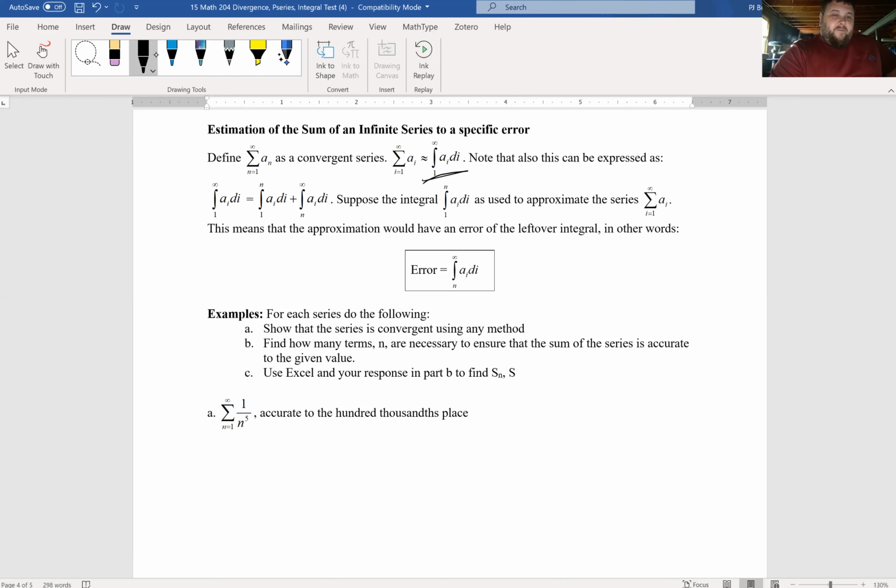So we can integrate from 1 to n, and then from n to infinity. So then they say, okay, the integral from 1 to n, that's going to be my approximation. And the integral from n to infinity is going to be the error.